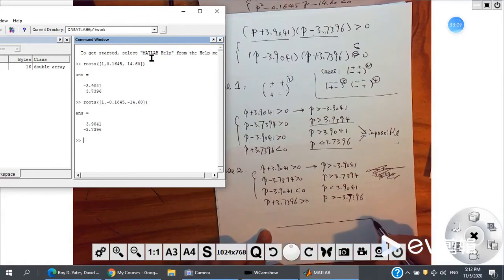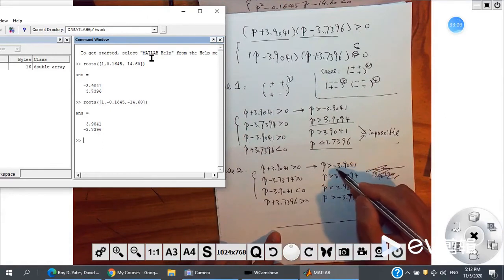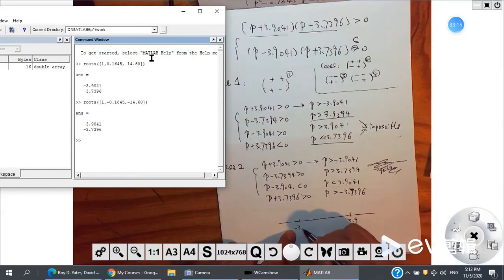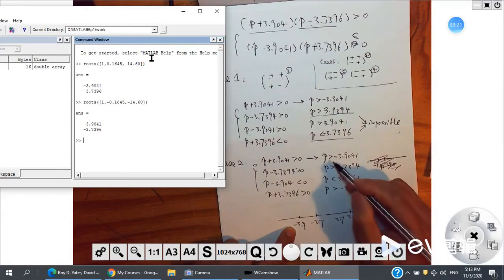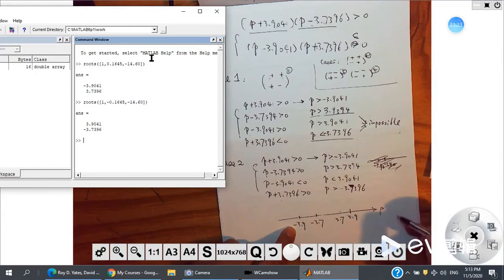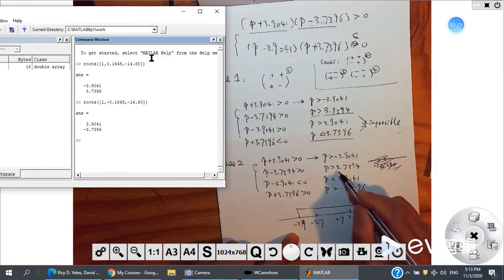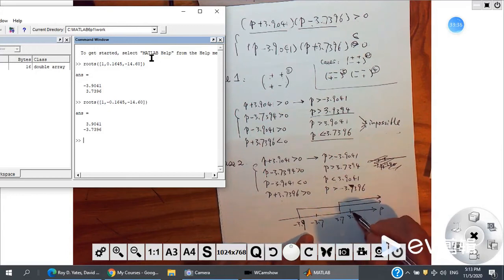Okay, we have four values: negative and positive 3.9, and negative and positive 3.7. The first equation, P larger than negative 3.9. Second equation, larger than 3.7. The third one is smaller than 3.9.